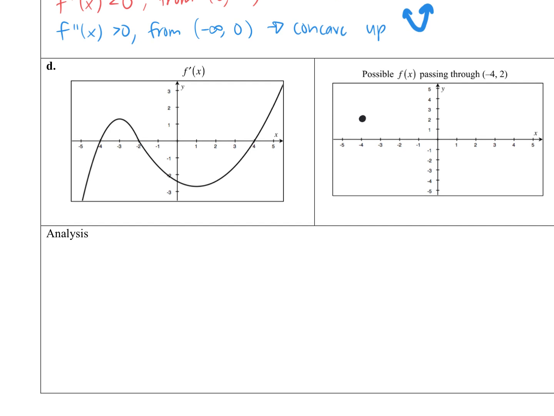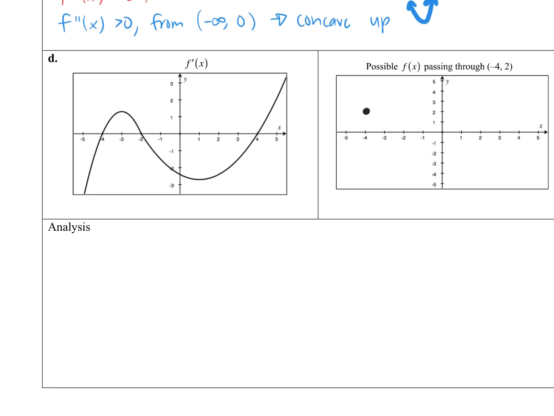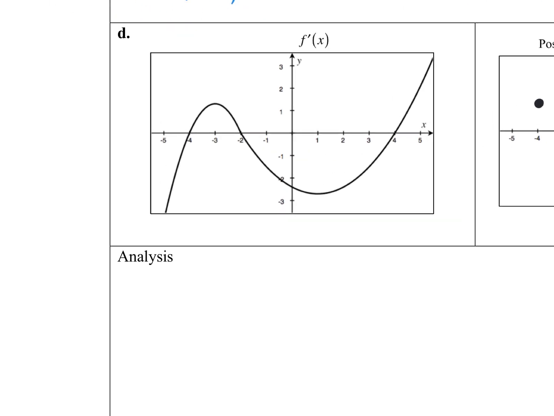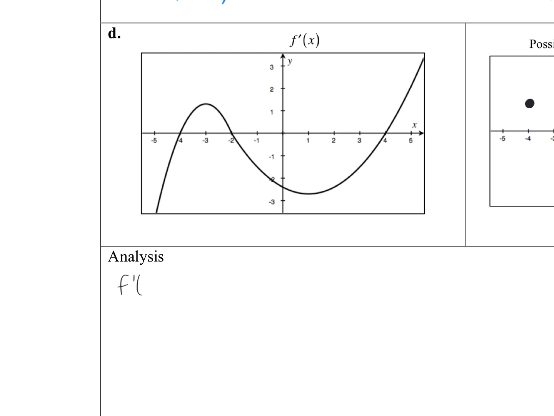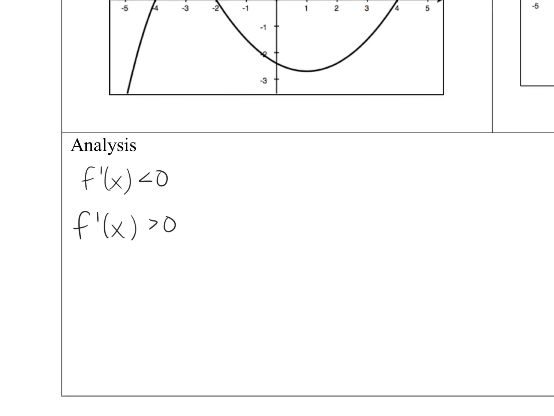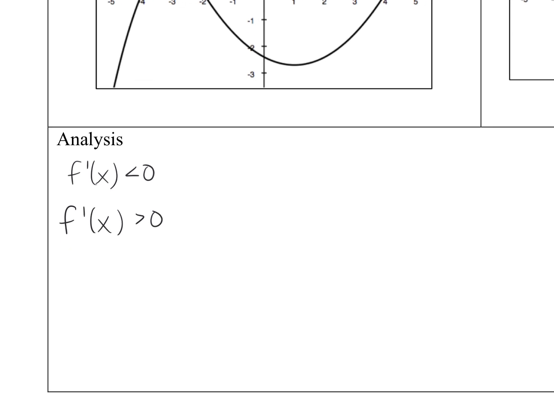So I want you to fill in the blanks here. I want you to look at when is my function f of x... When is f prime of x less than 0? When is it greater than 0? And then I also want you to look at when is your second derivative less than 0 and your second derivative greater than 0.